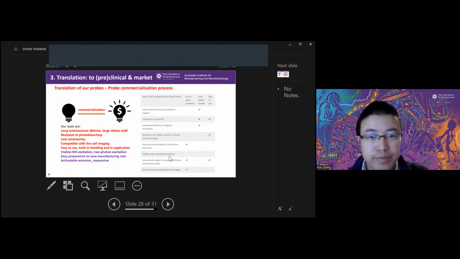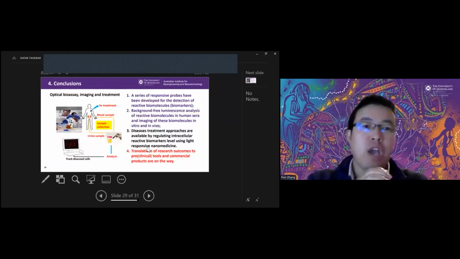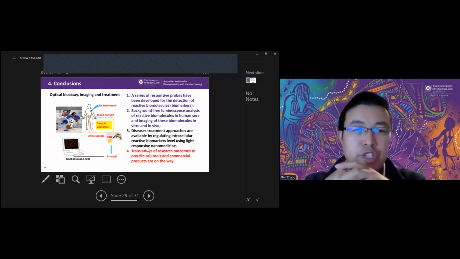So, a quick conclusion. We are working on optical materials for sensing, imaging, and also treatment. The treatment part I didn't introduce in this presentation.